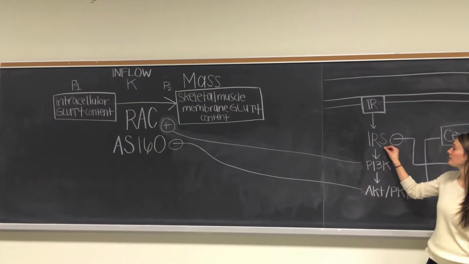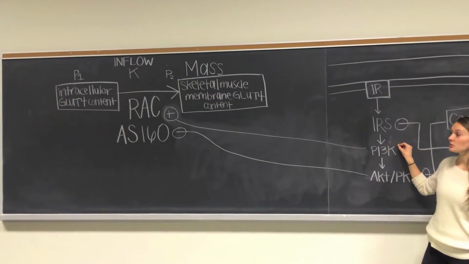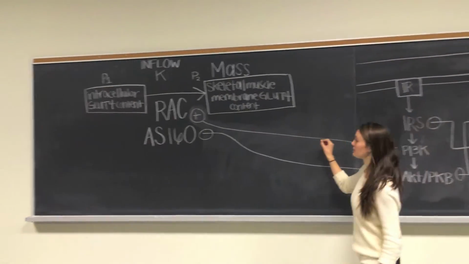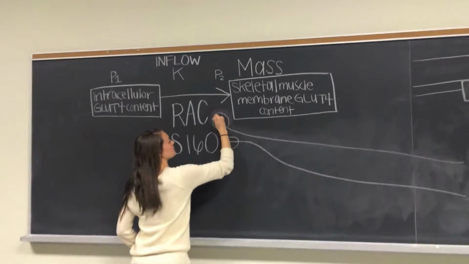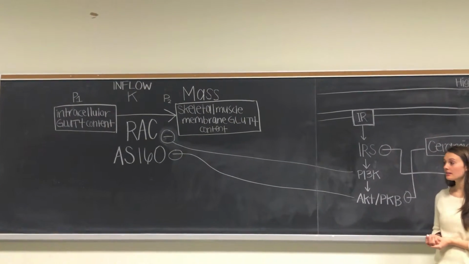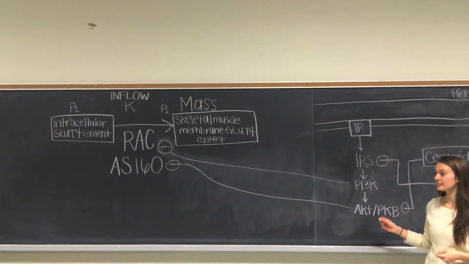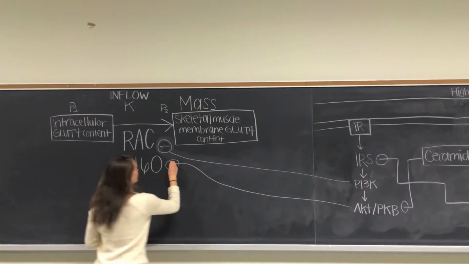Inhibition of IRS results in an inhibition of PI3K, which leads to an inhibition of RAC. Inhibition of AKT and PKB results in a decrease in the phosphorylation of AS160, also known as activation of AS160.